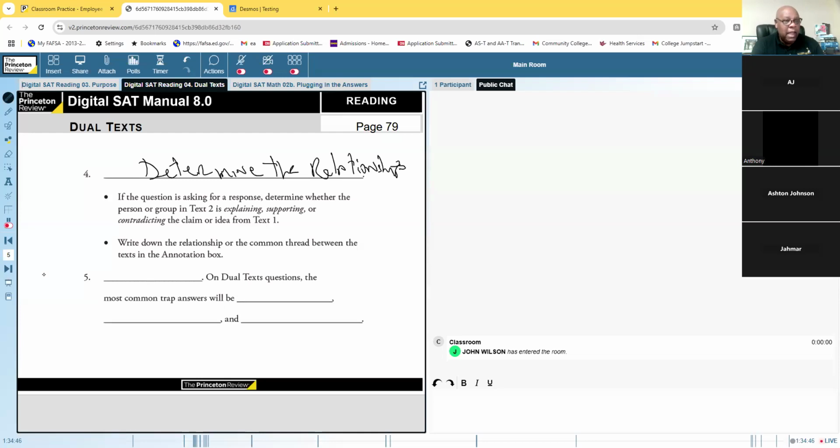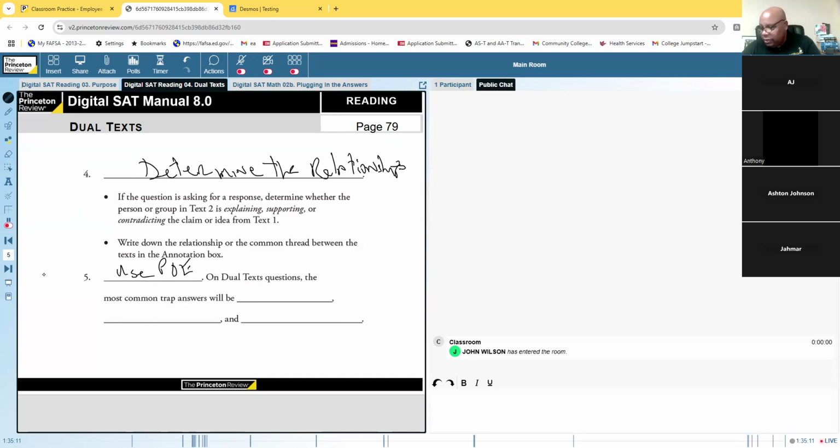If the question is asking for a response, determine whether the person is explaining, supporting, or contradicting the claim. Write down the relationship if you want to in the annotation box, but you won't have to. And then, of course, five is use POE. POE is process of elimination, okay? Use POE.